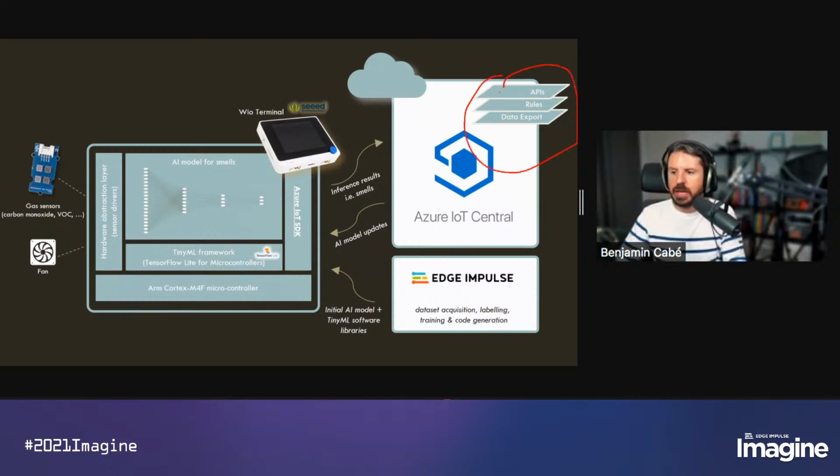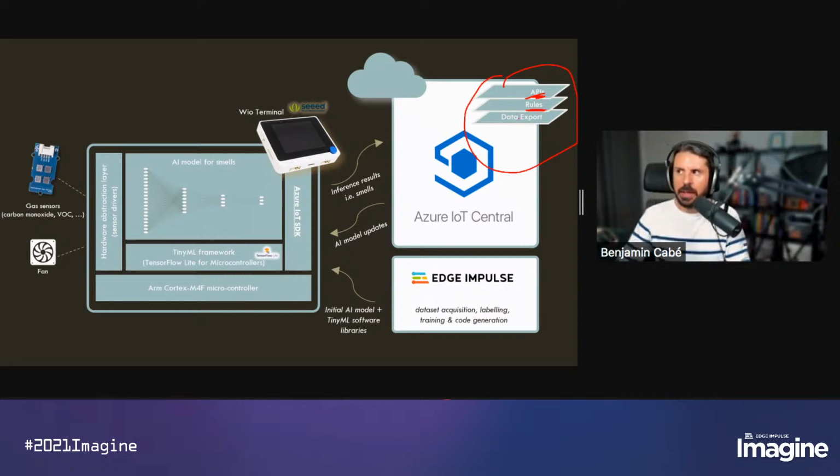It's not just about having a dashboard where I can look at just one nose and get a sense of what the nose is currently smelling and picking up. It's also about having access to APIs to potentially take the data to other third-party systems, but also some rules.